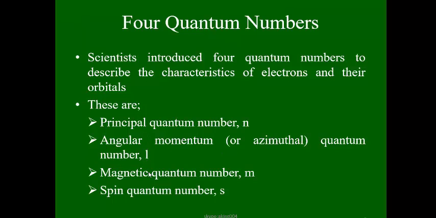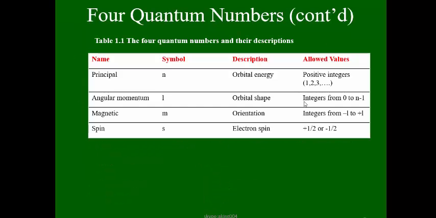The next one is the magnetic quantum number, that is m. Some books use ml or m subscript l, but let us make it simple here by using m. Then the spin quantum number, represented as s. So let us now take them one after the other. This table summarizes each of them.